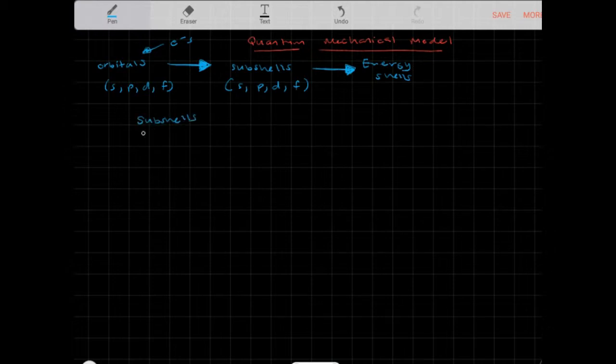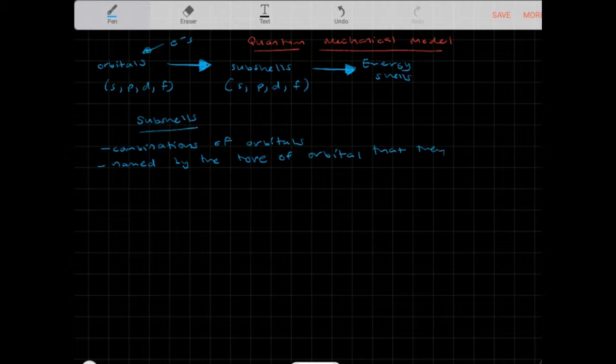So subshells are combinations of orbitals. Subshells are basically named by the type of orbital that they are composed of.